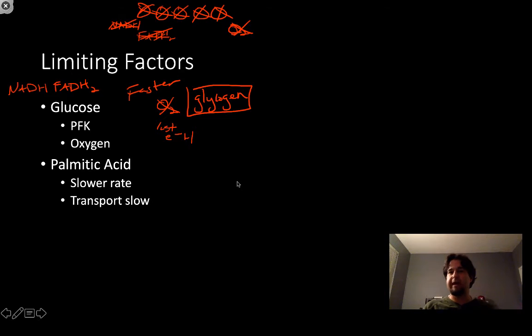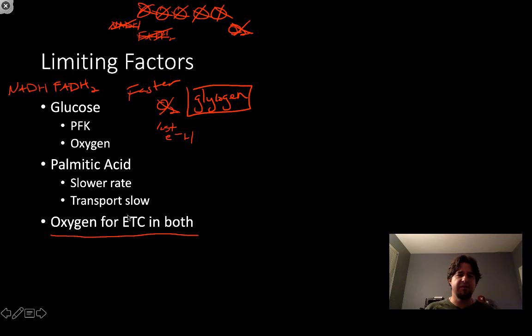Whether it's albumin that's part of the transfer process, it's not easy. And getting the triglyceride to be cleaved into the individual palmitic acids, to be broken down and have the coenzyme A added to it, is a very, very slow process.